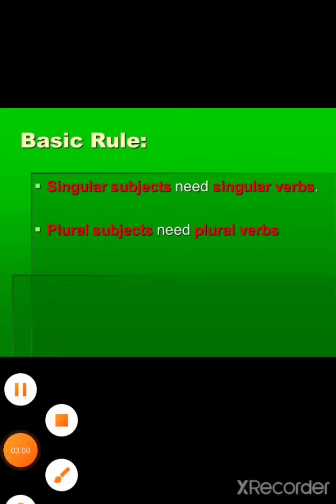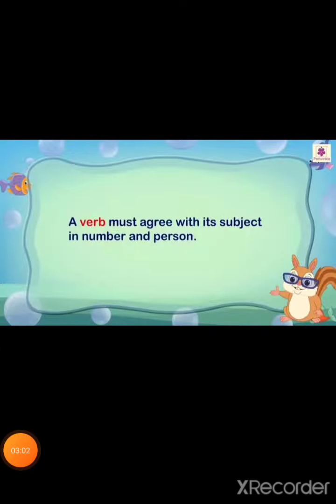Okay, so at first let us discuss about the topic. Later on I will discuss with the help of your grammar book. Okay, so it would be convenient for you to understand. So a verb must agree with its subject in number and person, that we have learned, and that is called subject verb agreement or subject verb concord.